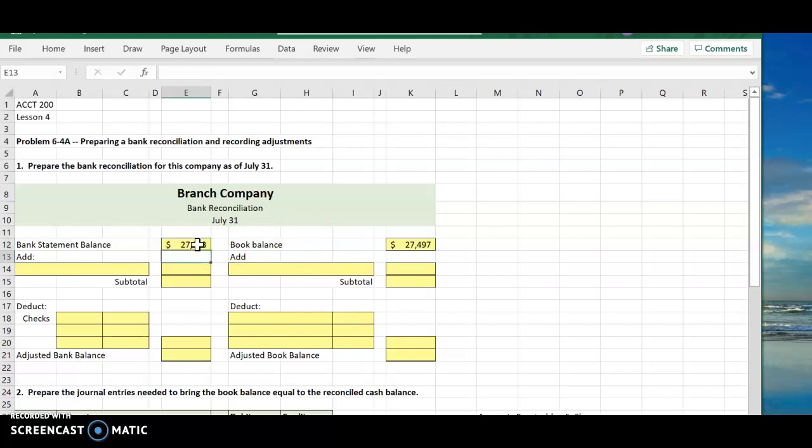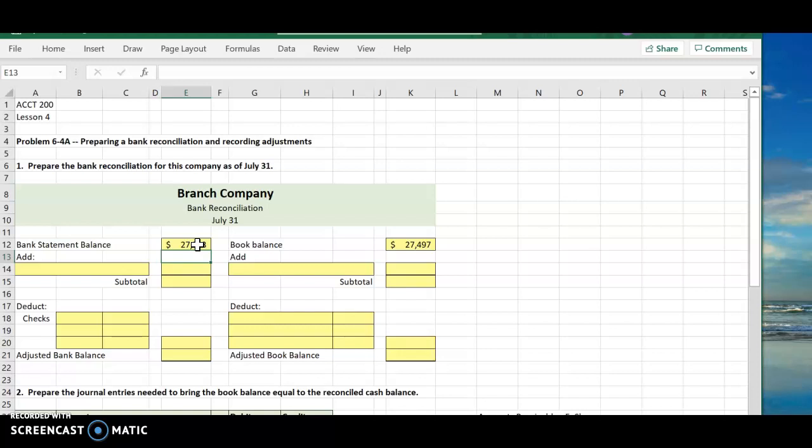Now, we might have some deposits on our accounting records that haven't cleared the bank yet. We might have some checks that we've deducted from our cash balance that haven't cleared the bank yet. They haven't gone through. Those are a couple of the big things that almost always will be there, and then we'll see a few others as well.